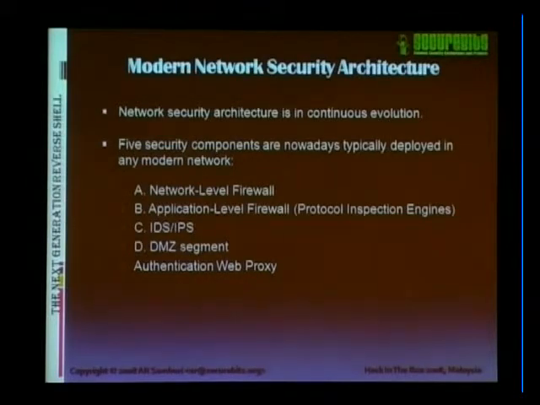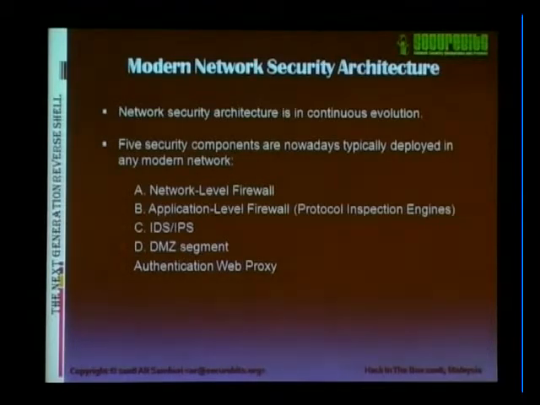Now, in order to see the need for these characteristics, let's review the modern network security architecture we find nowadays in modern networks. Mostly nowadays in most corporate networks, there are security components that are found in every network, even small corporate networks.